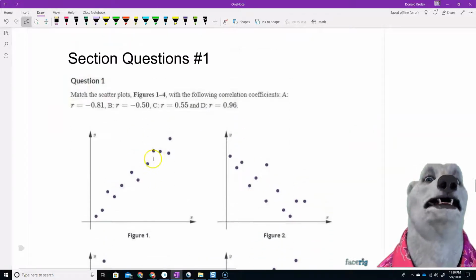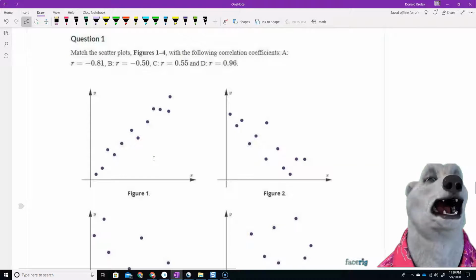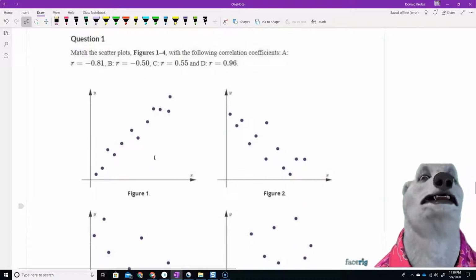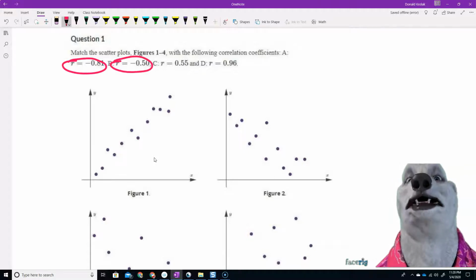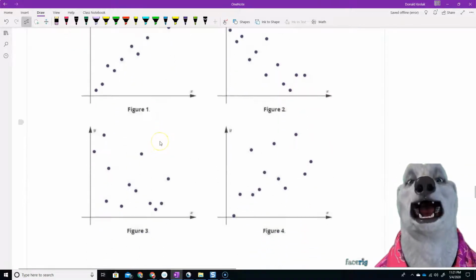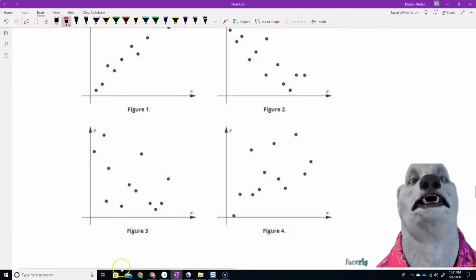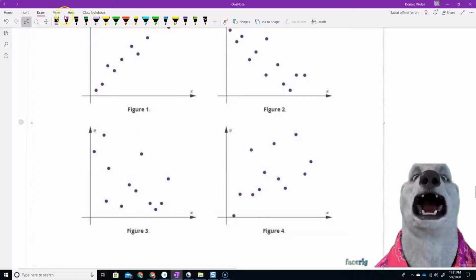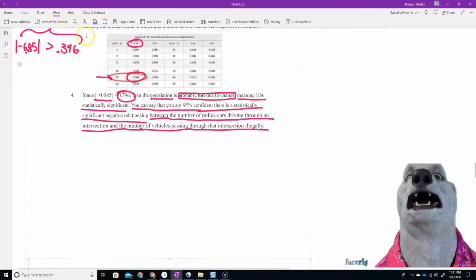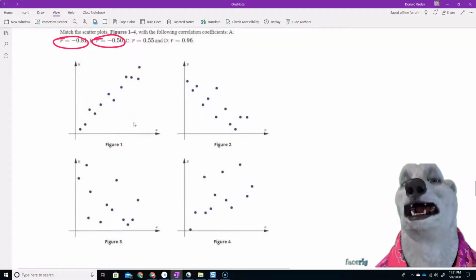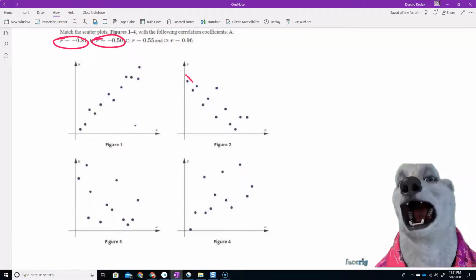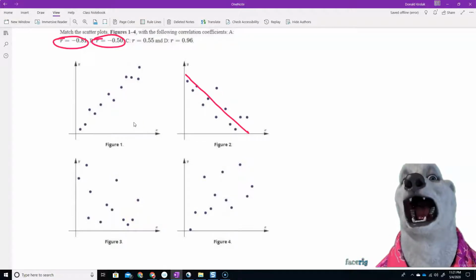It says match the scatter plots with the following correlation coefficients. So we've got a negative 0.8 and a negative 0.5. Our negative correlations are going to be figure 2 and figure 3. Let's shrink that up. Okay, the one that's tighter to a line is going to have your higher correlation coefficient.